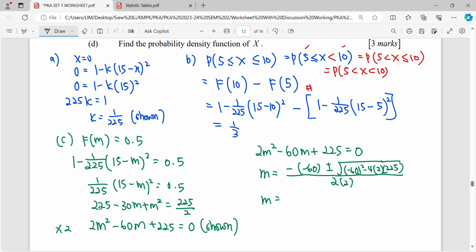So you're supposed to have two answers. One will be 4.393, another one will be 25.607. So median. Just now, when we use this function, what is the interval?